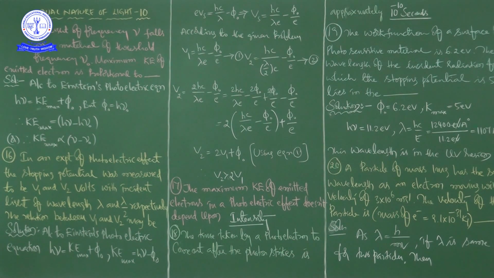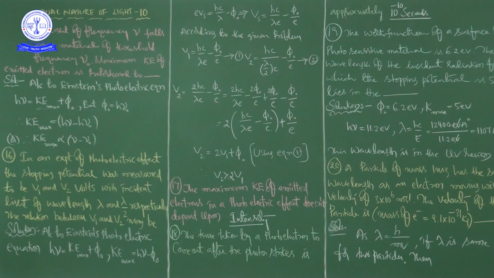When the electron is trying to come out from the metallic surface, positive charges are already there. Inside the metallic surface, not only electrons, positive charges are also present. These positive charges will try to pull back the electron. And if the energy is sufficient for the electron to overcome this attraction, then it will come out.